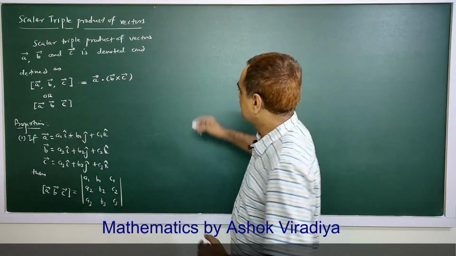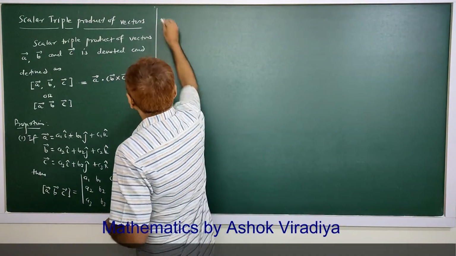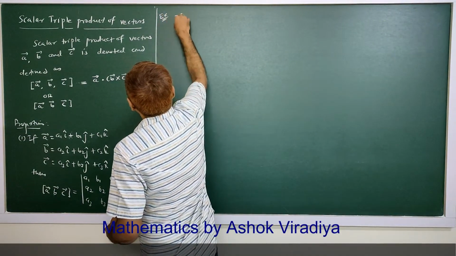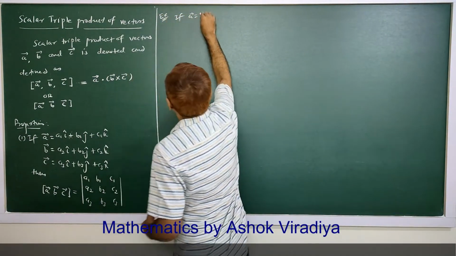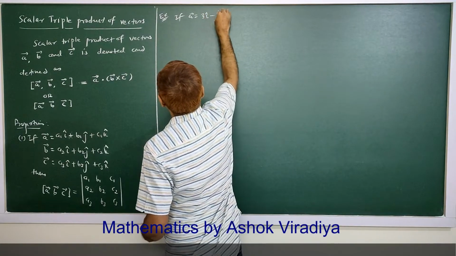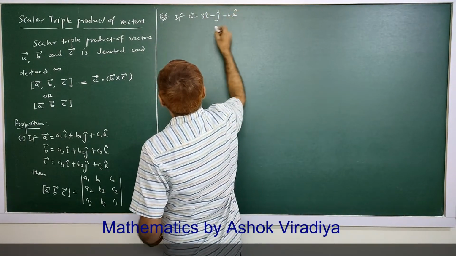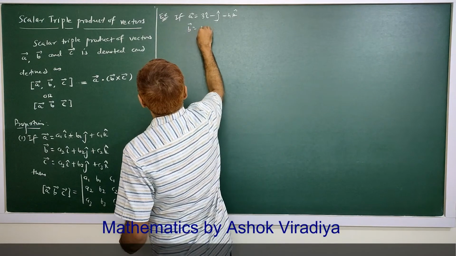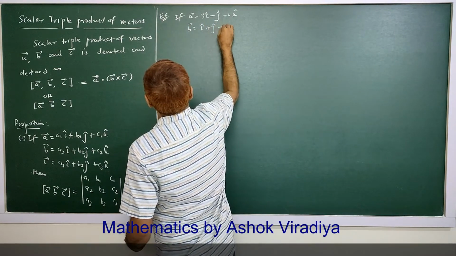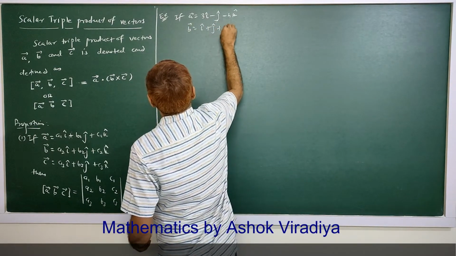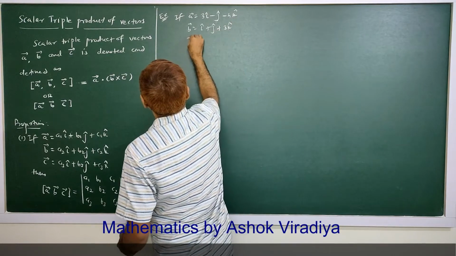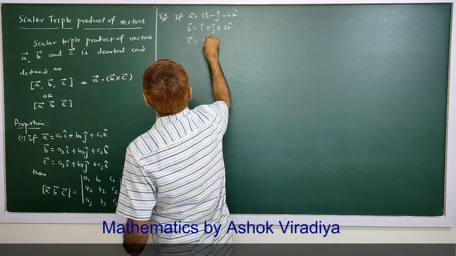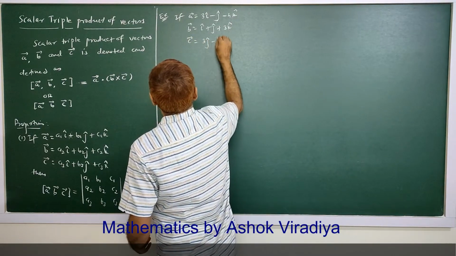As for example, suppose vector A is 3i minus j minus 4k, vector B is i plus j plus 3k, vector C is 3j minus k.